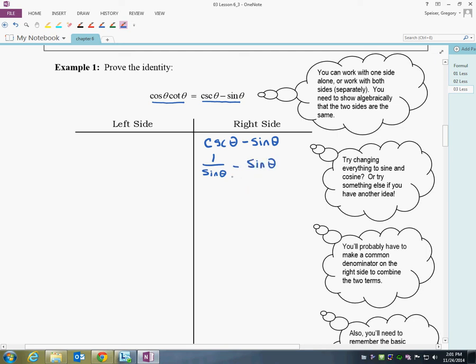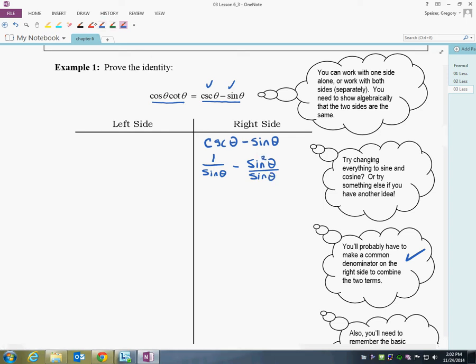Okay, I'm thinking if I were to combine those two terms, I'm going to have to make a common denominator, and that's what this comment is here. You probably have to make a common denominator on the right to combine the two terms. Here I've got two terms, and here I've only got one term, so I'm going to have to put these together. So if I have a common denominator of sine, I'll go like this, sine theta over sine squared.